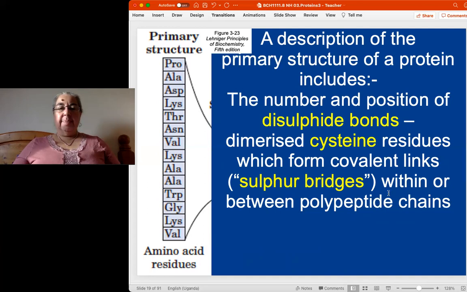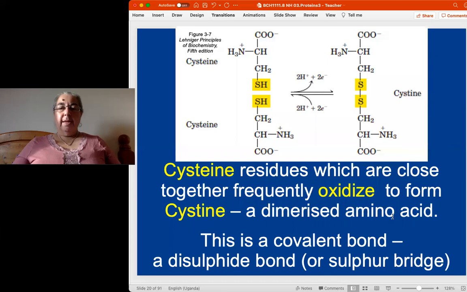These links can be either inside a single polypeptide chain or between two different polypeptide chains. So here is the way that we can form a bond from two cysteine residues. Here is a cysteine amino acid. Here's its alpha carbon, and here's its R group ending in a sulfur, a sulfhydryl group, SH. And here is a second one.